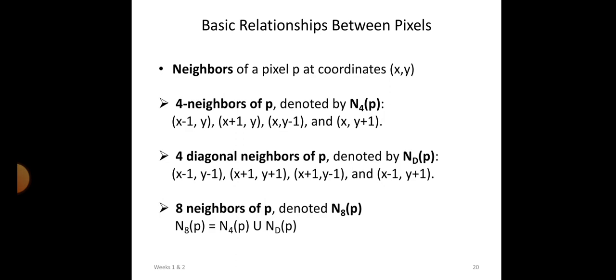So x minus 1 comma y minus 1, x plus 1 comma y plus 1, x plus 1 comma y minus 1, and x minus 1 comma y plus 1. Then the 8 neighbors of a pixel are denoted by N8 of p, that means N4 of p and ND of p together.